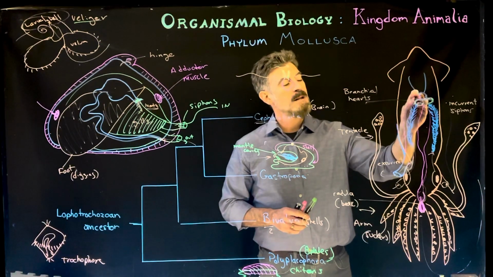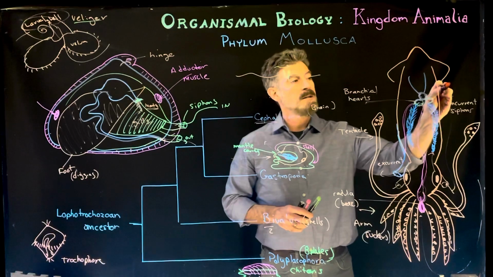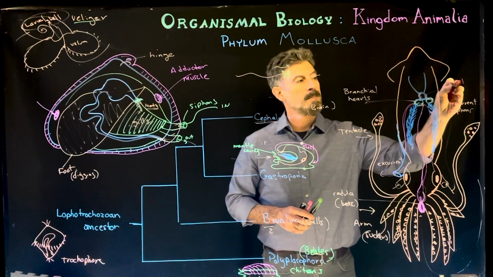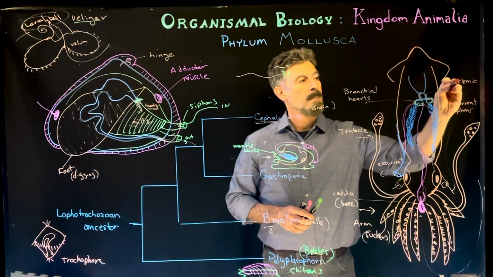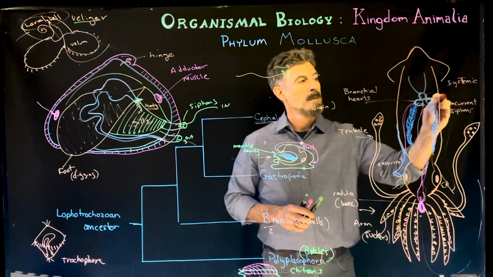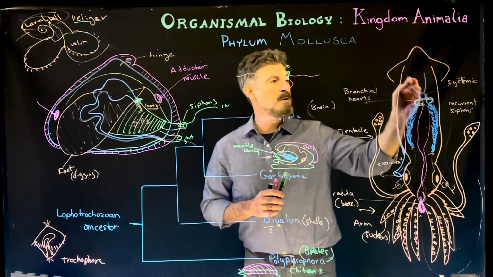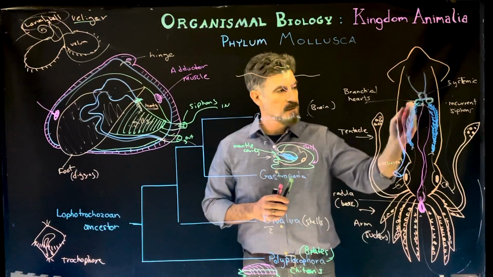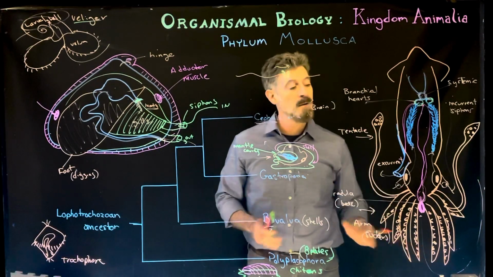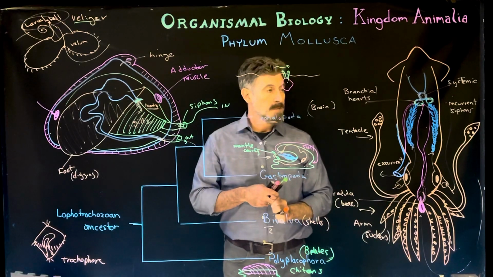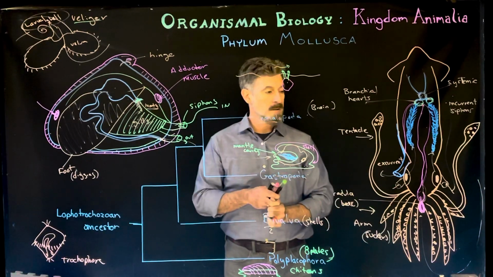And then they have another heart here, a single one called a systemic heart. And so that is the central one that everything kind of feeds into, and then you have aorta and branches of their circulatory system that then continue to branch out throughout the animal's body from that systemic heart.